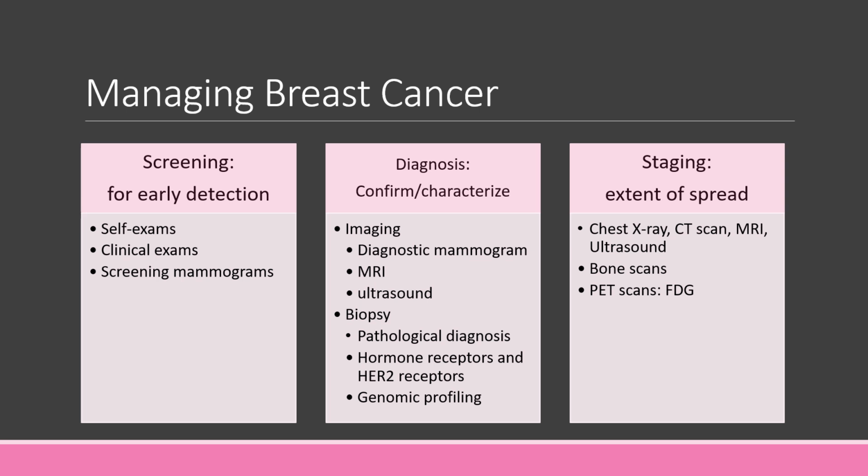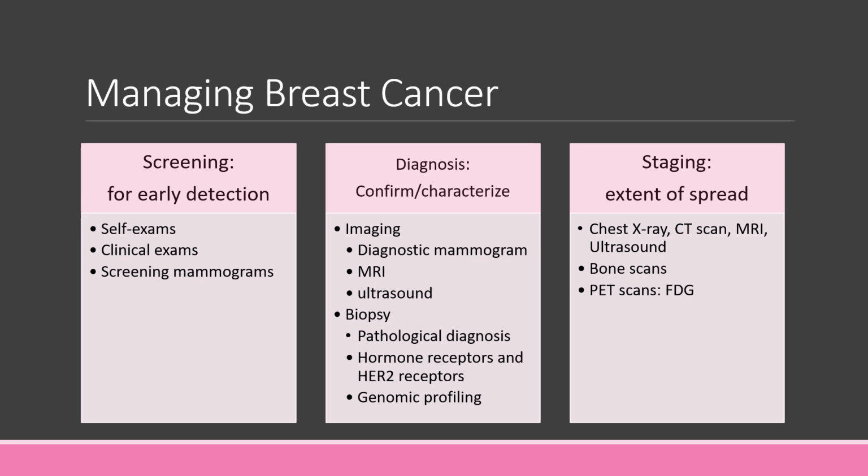So early screening and detection is done by self-exam, clinical exams, and screening mammograms. But once a patient is diagnosed, that imaging and especially the biopsy are very important to find out whether or not they have the hormone receptors present. So imaging would include a diagnostic mammogram, MRI, and ultrasound.